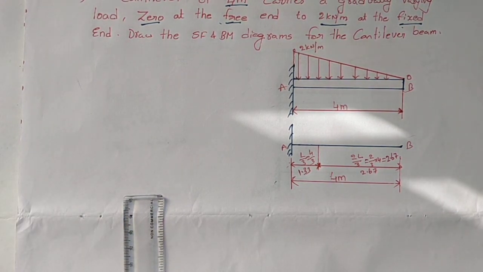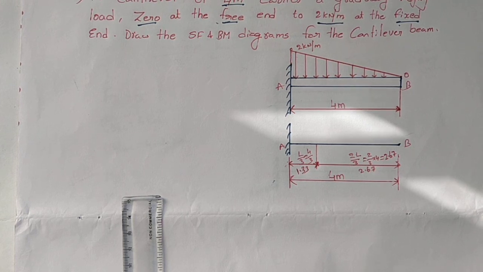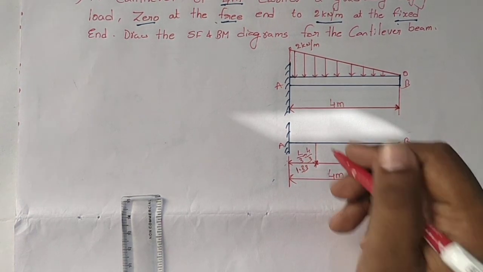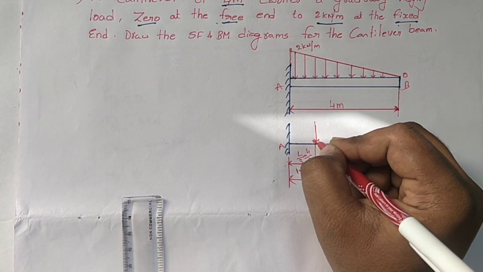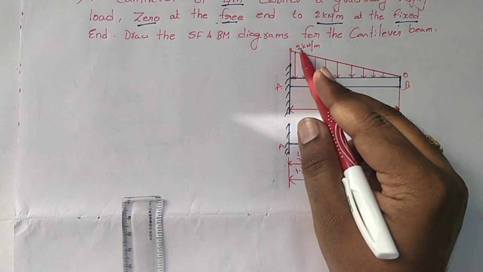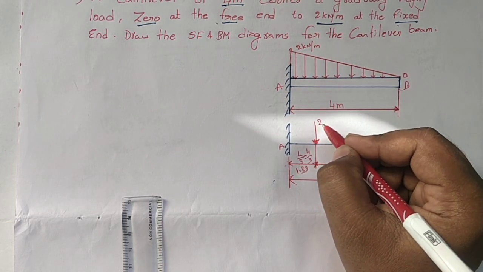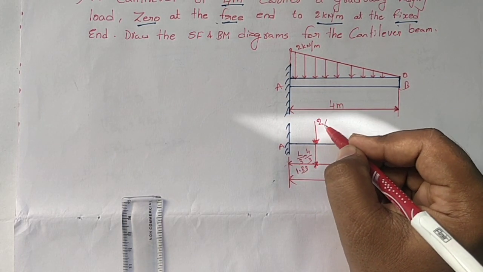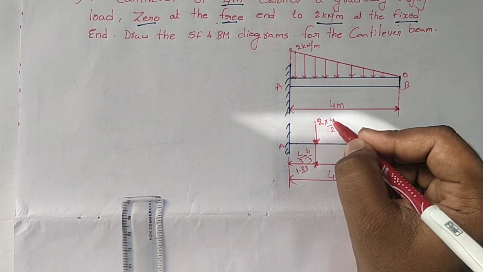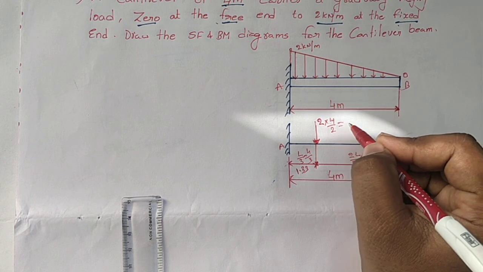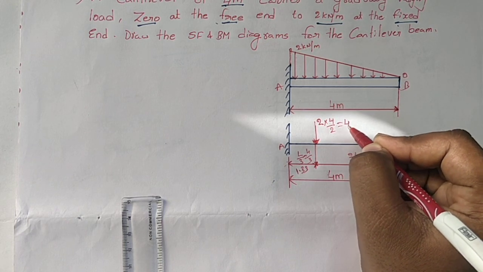Now we have calculated the point where the load acts. Now we need to calculate the load. How much load? It is the converted point load. Here the total load is 2 into 4 by 2, that is L by 2. Therefore the final load value is 4.